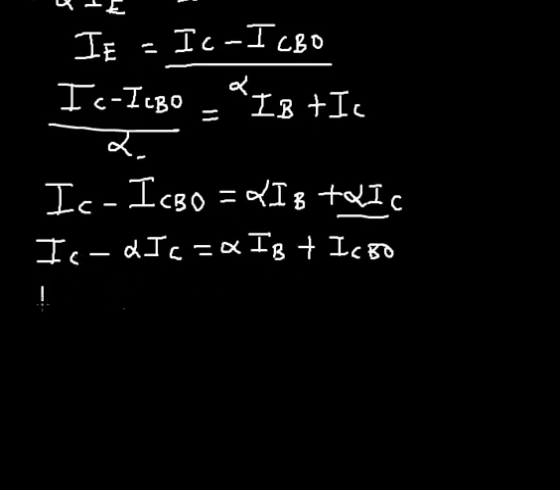Factorizing IC, I have IC times the bracket 1 minus alpha, equal to alpha IB plus ICBO.